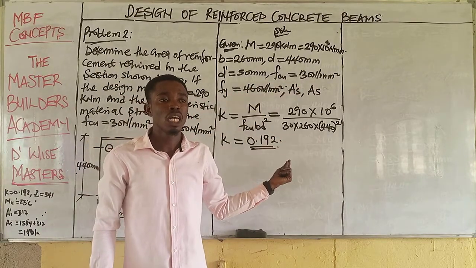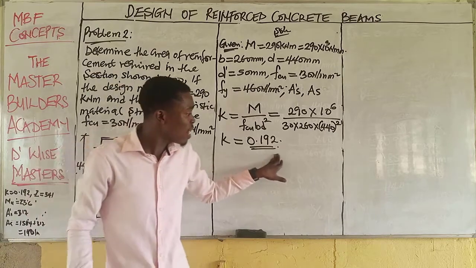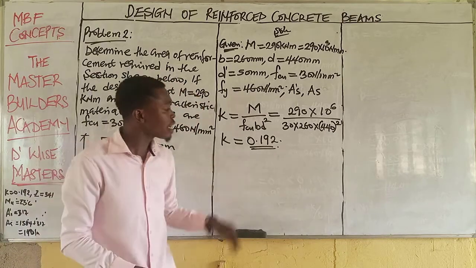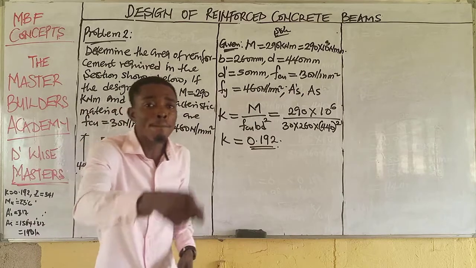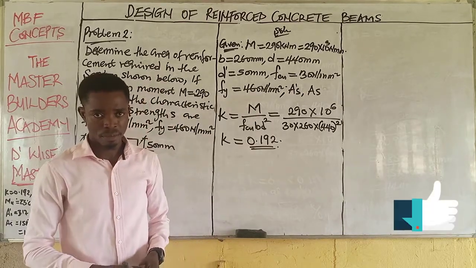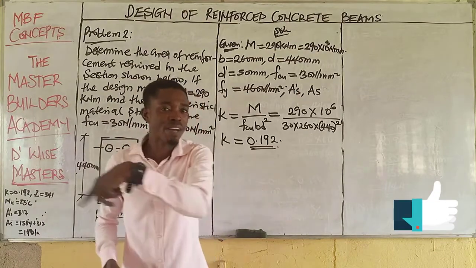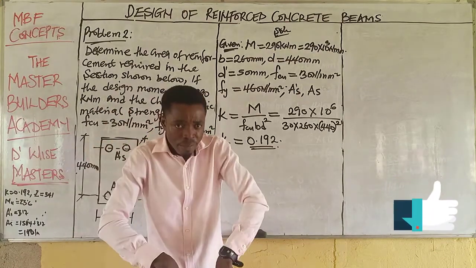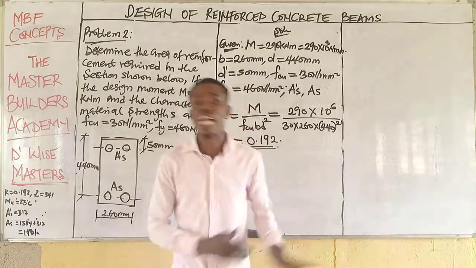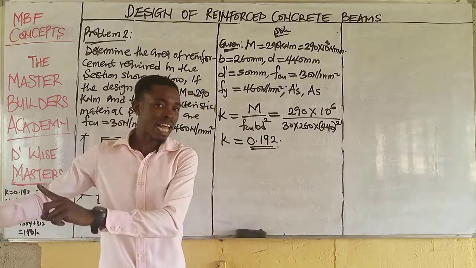0.192. This is the value we have when we divide this numerator by this denominator. This is the outcome. Now, from what we can see here, the value of K is greater than 0.156. And anytime the value of K is greater than 0.156, the section is no longer safe to be designed as singly reinforced. Rather, it is now safe to be designed as doubly.